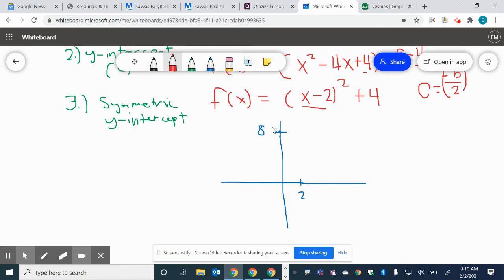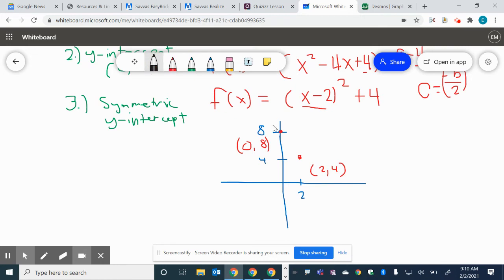I better use a different color. So that's the point (0, 8), the y-intercept, where the curve crosses. We also have a point right here when x is 2, y is 4. That's the vertex.